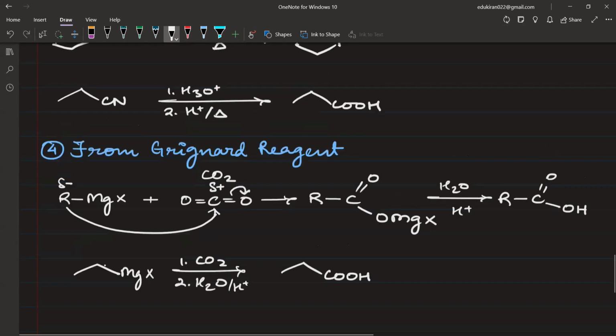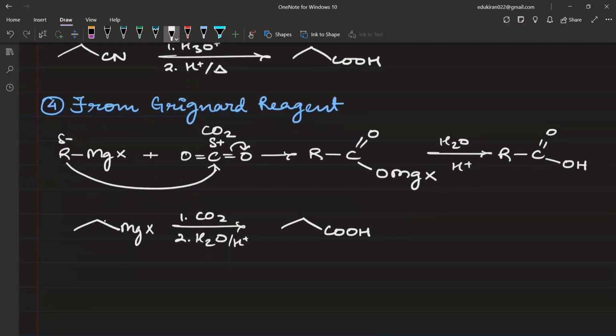So this reaction and the above reactions are important. Please write this down because see what is happening, you will get 1 carbon more. Here also you are getting 1 carbon more, 2 carbons, and the result is with 3 carbon atoms. Carboxylic acid is having 3 carbon atoms.